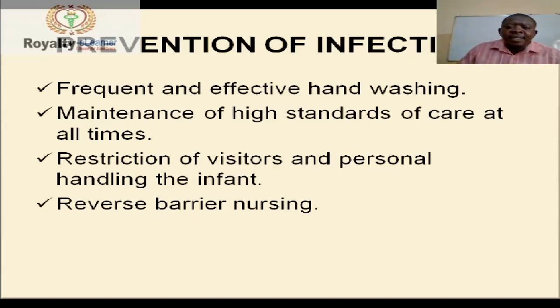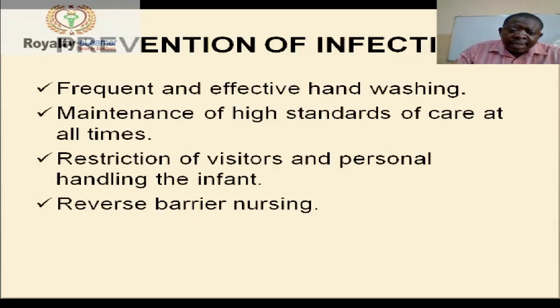So maintenance of high standards of care at all times is important in order to avoid infection coming to the ward. There can be restriction of visitors and personal handling of the infant, and literally normal practice. It's only the mother or the father that can be allowed. So here we do not have big groups of people that are coming to visit the whole compound because the baby is prone to infection.